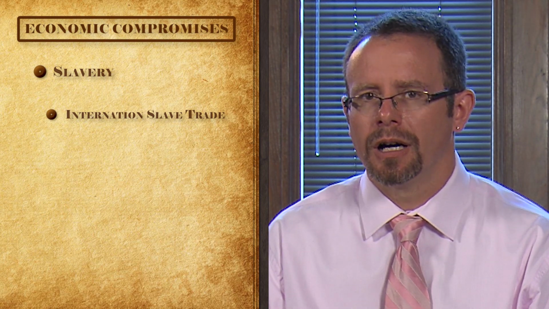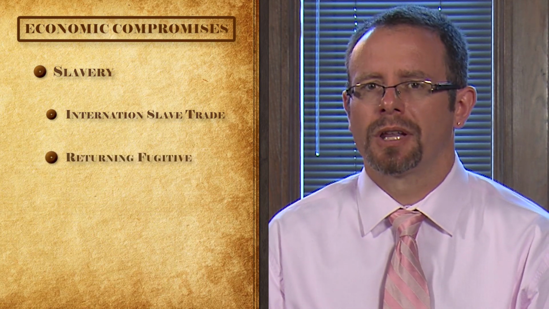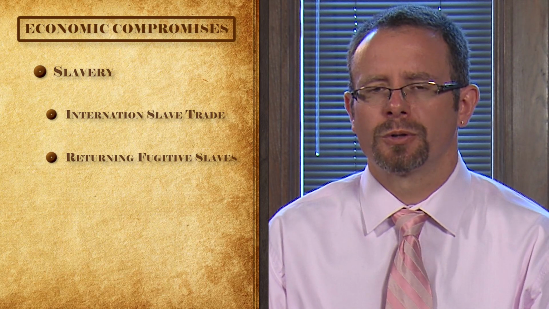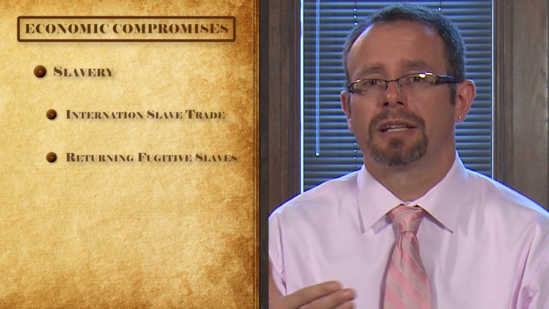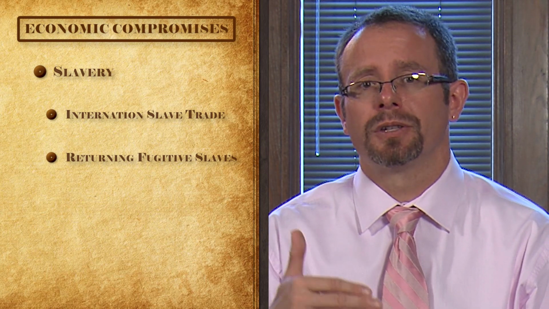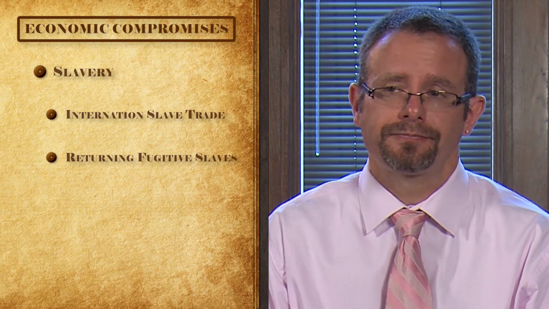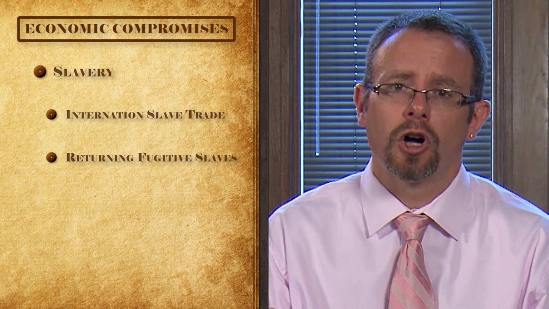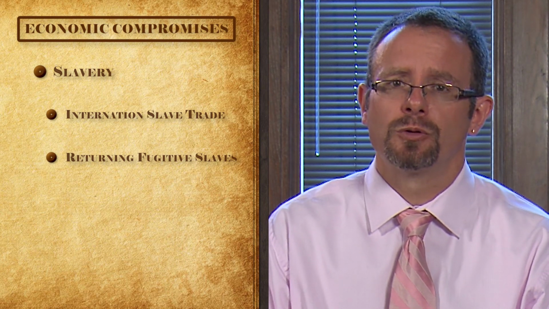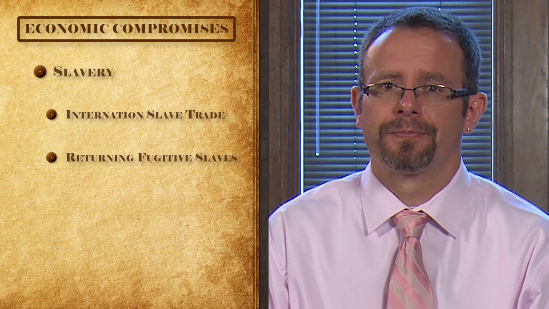Likewise, another area of compromise about slavery was over the question of returning fugitive slaves to their owners, especially if those individuals who were trying to escape from slavery had crossed state lines, perhaps into a state where slavery had been banned, as it was banned by 1787 in Massachusetts, for instance. The Fugitive Slave Clause, which is incorporated in the Constitution, commands those states to return the escaped slaves to their owners.